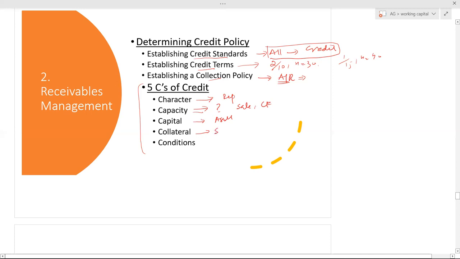Let's say as a security, what type of assets does the company have to pledge or use as a security? Conditions mean: what are the economic conditions? How is the borrower's economy performing, and how are the expected returns and overall economic conditions? This is what we need to see.